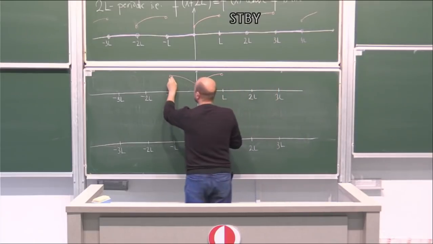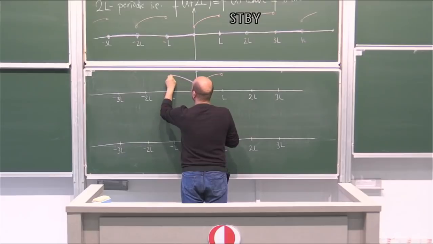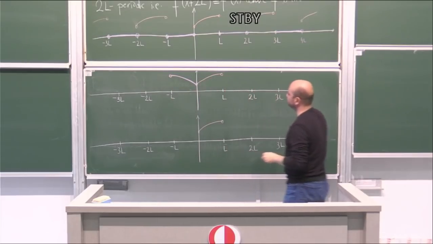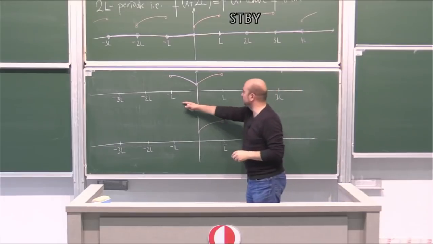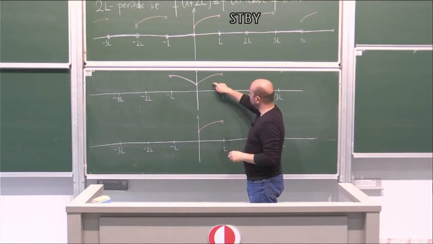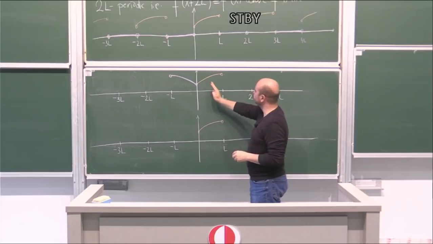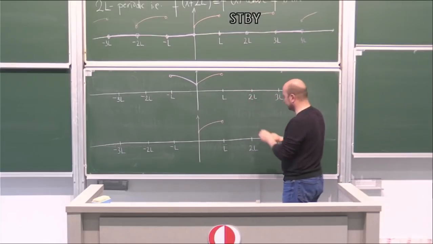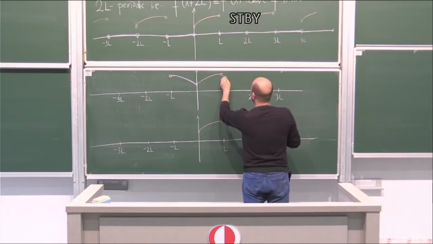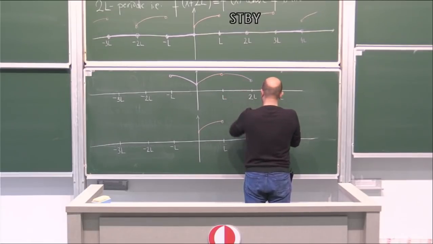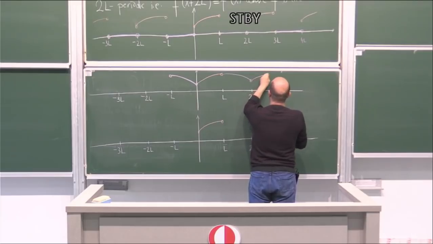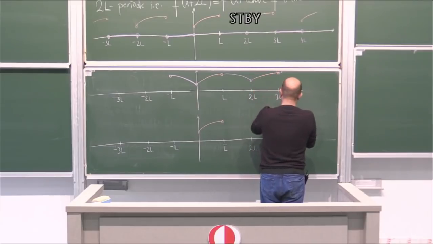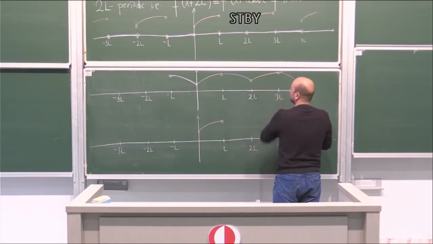So this is now your f tilde, between minus L and L. And now I will just copy and paste it. So it will continue like this.